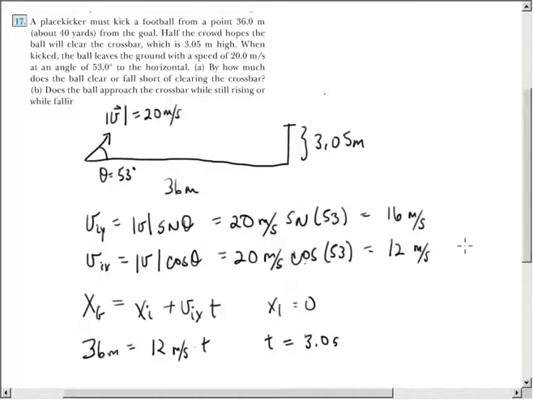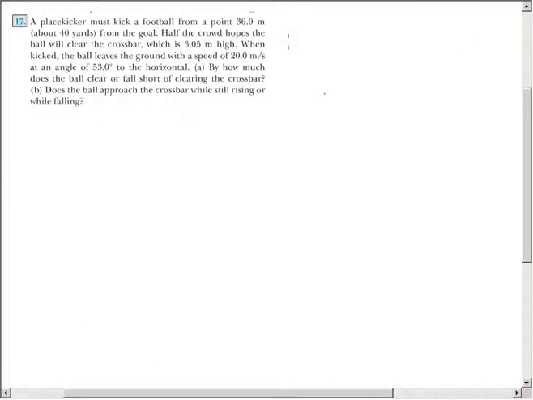Now that I have the time, how can the height of the ball or the particle be determined at that time? Pause the video and figure out how that's going to be done. For the next part, we can use the initial velocity in the y direction and set up the equation y equals yi plus Viy t minus 1/2 g t squared.